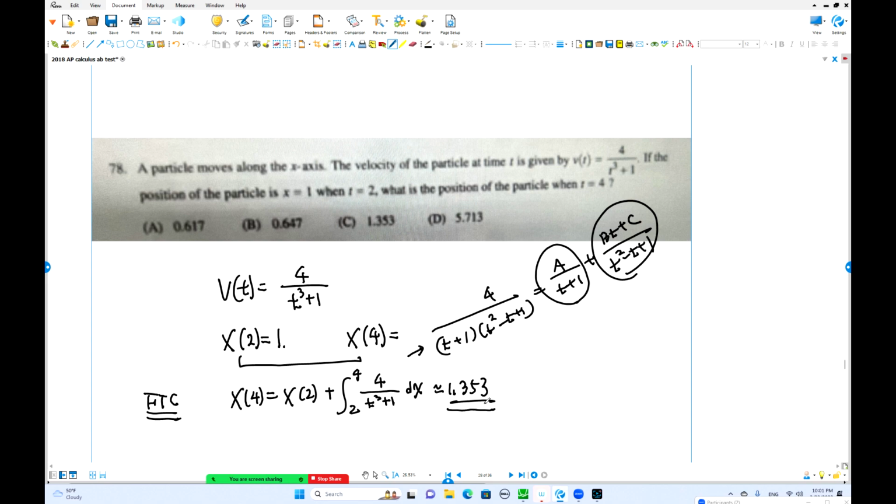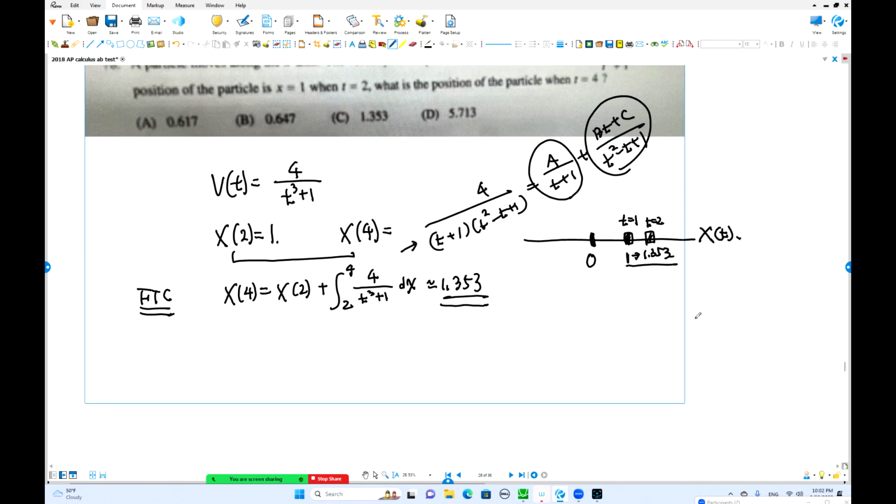Are you okay with this? Yeah. When t is 2, the position is 1, the particle is over here. When t is 4, a little to the right. When t is 4, the particle is now at 1.353, okay? This is 0, this is x. Okay with this?